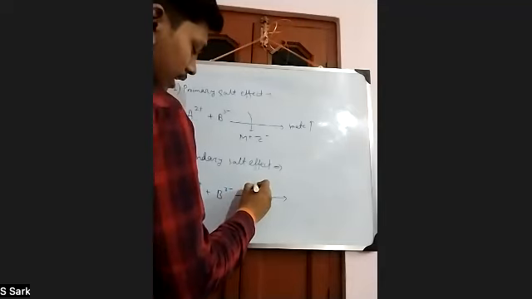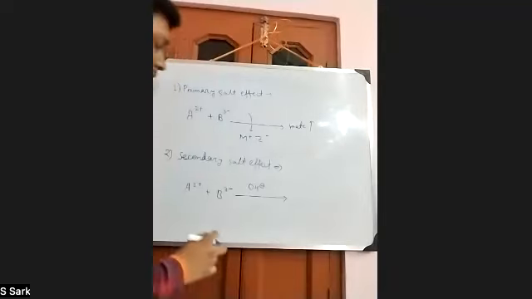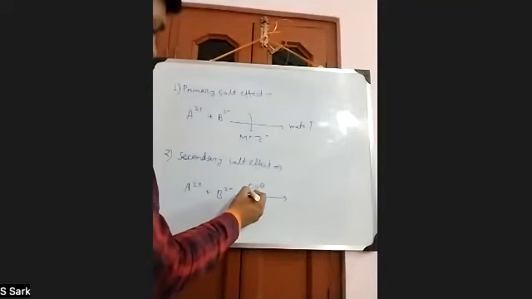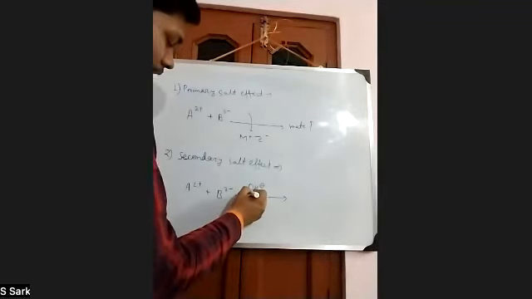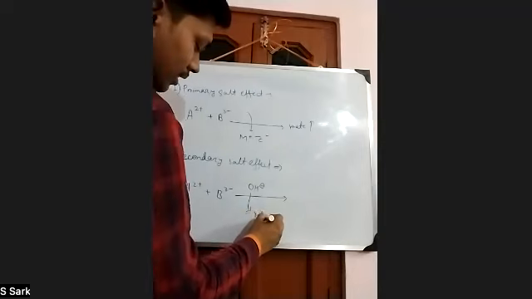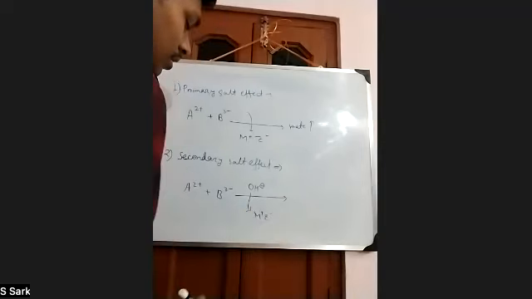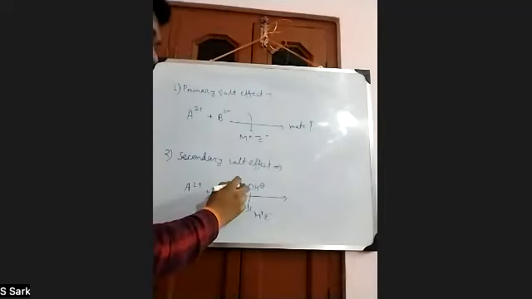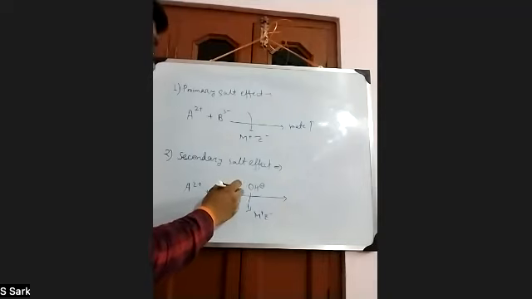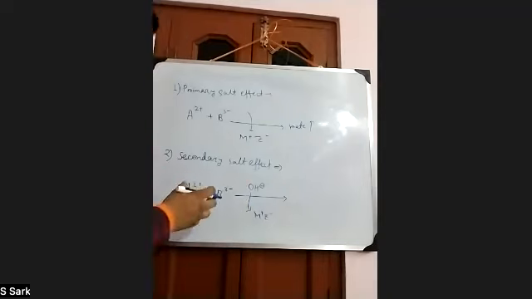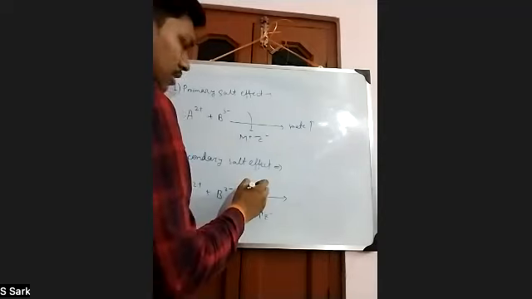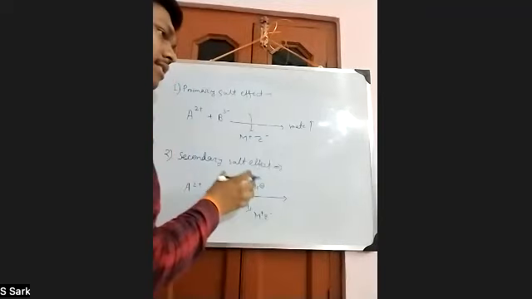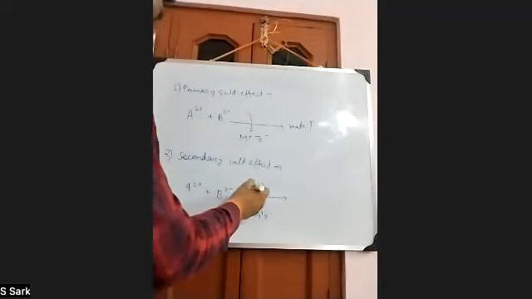After adding some salt or inert electrolyte, which directly affects the production of the catalyst, the formation of the catalyst is increased so much that it affects the concentration of the reactant, and the rate will increase or the rate will alter.